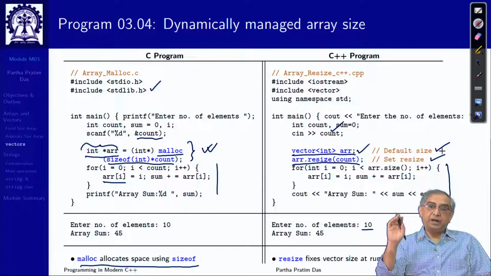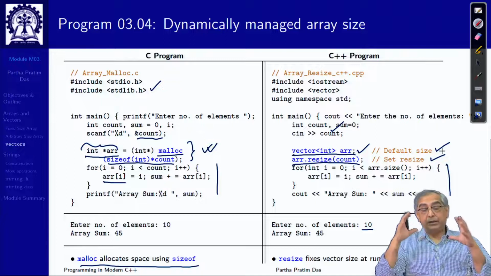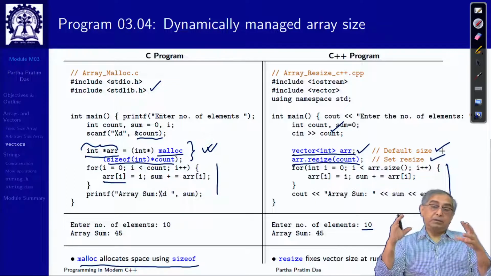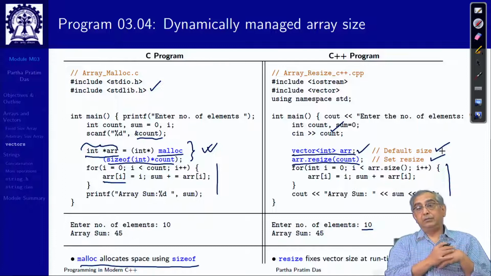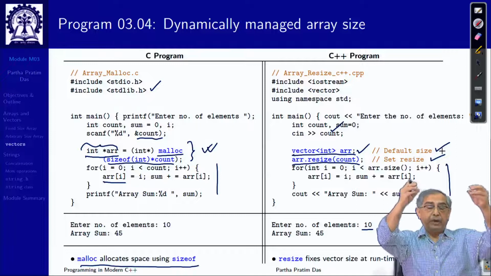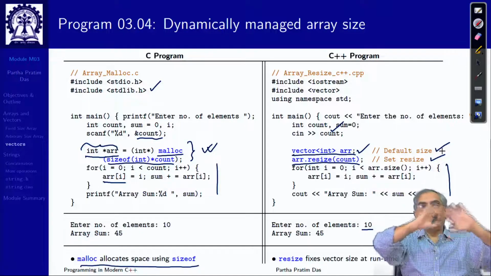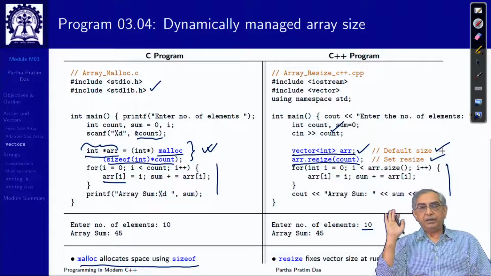Those who have done dynamic arrays well will also say that is possible in C as well. I can do a realloc and so on. Yes, you can do that reallocation more or less, but then you will have to manage the entire thing of copying the original array into the reallocated array, and manage the pointers, everything. Here you need to do nothing. You just say this is a vector and resize.